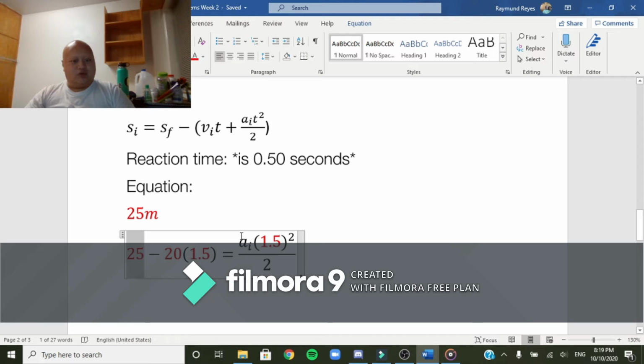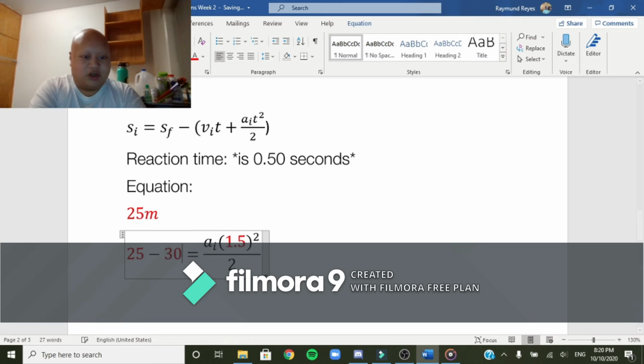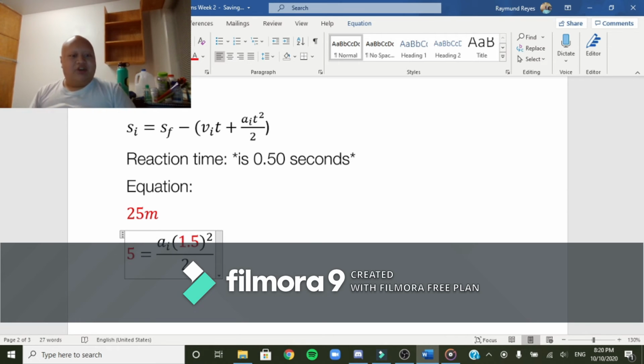Then we set that equal to the acceleration term. So now we're looking for the acceleration. Earlier it looked like this, but I added this conglomeration to both sides. Now we have to calculate this: 20 times 1.5 is 30, and 25 minus 30 is negative 5, but we just need the absolute value of that, which is 5.